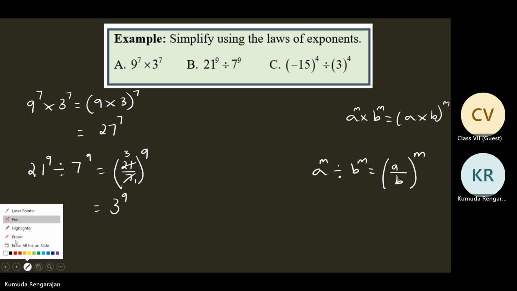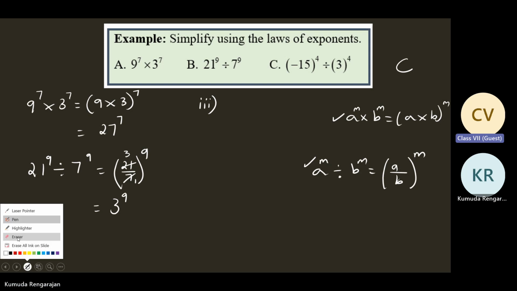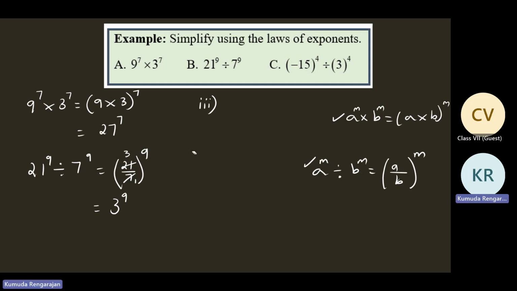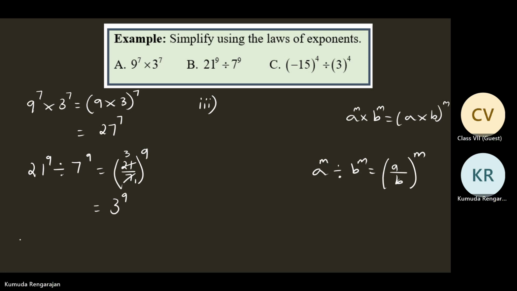Very good. Next one. Will you use the first rule or the second rule? For C, we'll use the second method. Not second method, second rule. There's only one method.